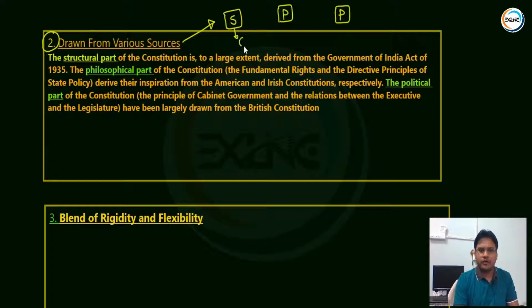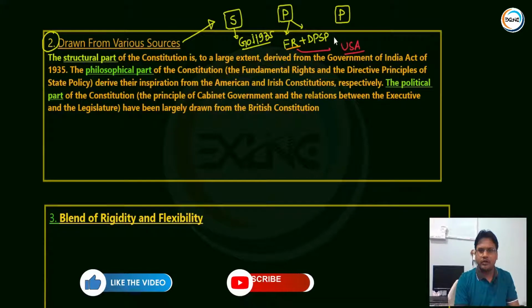It is borrowed from the Government of India Act 1935. ठीक है. The philosophical part जिसमें कि दो चीज हम लोग study करेंगे, that is Fundamental Rights plus the Directive Principles of State Policy. इन दोनों को collectively बोलते हैं कि it provides the philosophy to the Constitution. So Fundamental Rights is taken from the USA Constitution, that is the Bill of Rights, and DPSP is taken from the Ireland Constitution, that is the Irish Constitution.